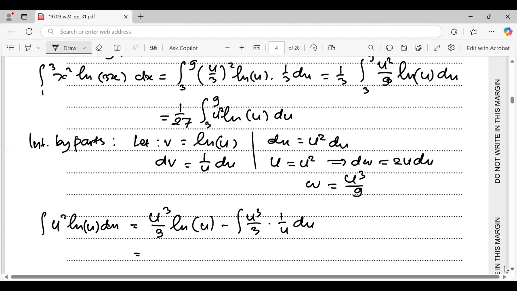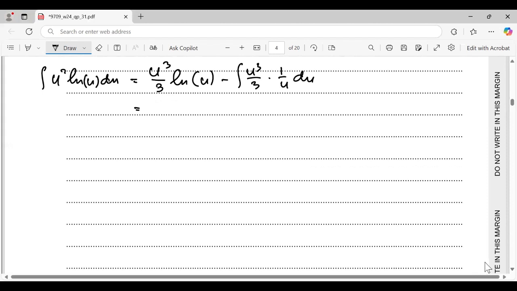Scroll down first. So it becomes u cubed over 3 ln u minus 1/3 integral of u squared, because u cubed divided by u, du.